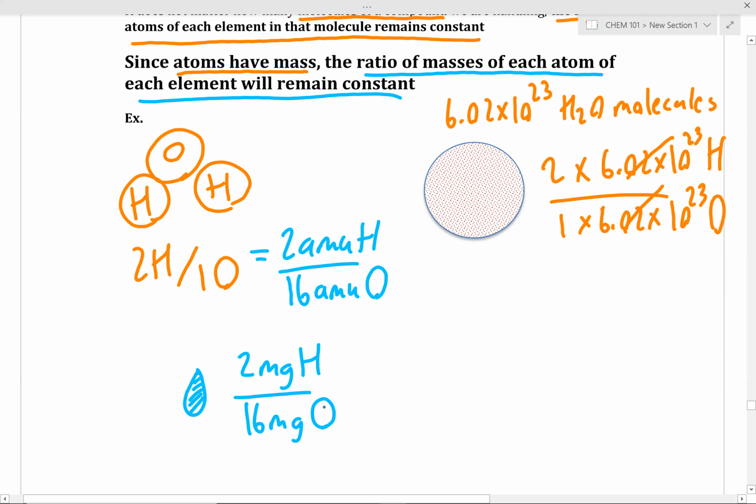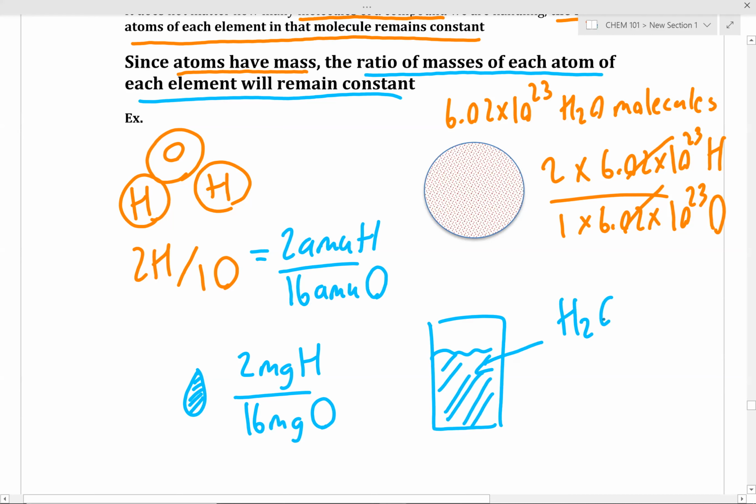We developed this mass ratio from our molecule. It's the same when we look at groups of molecules, right? Now let's suppose we're studying a giant cup full of water. We're studying a large sample of water. If this liquid is water, fundamentally, what will the mass ratio be?